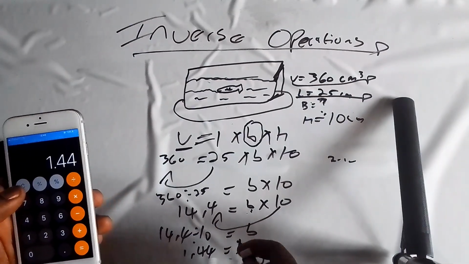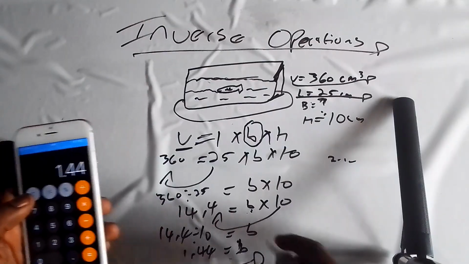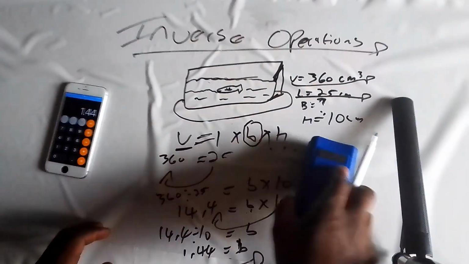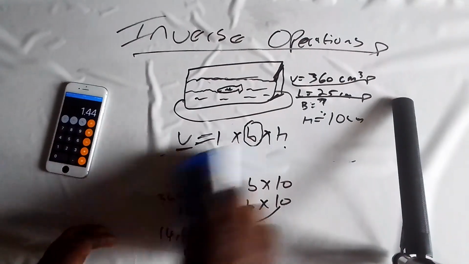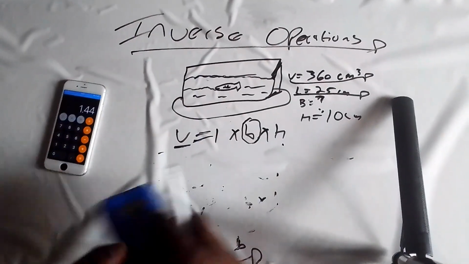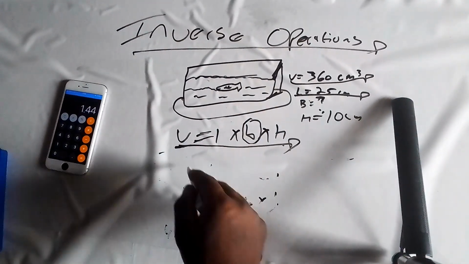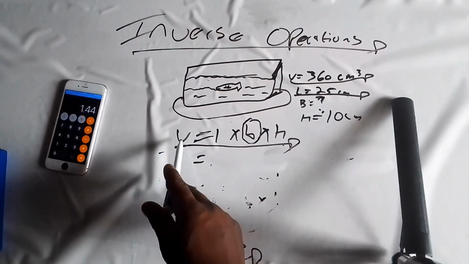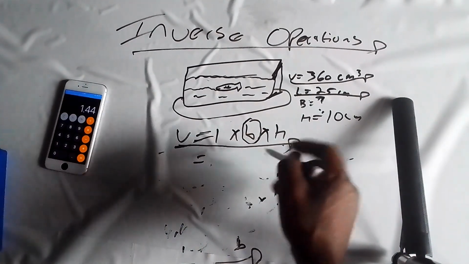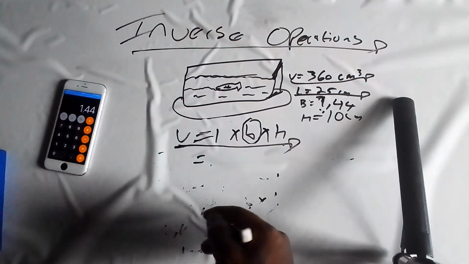So in order for us to test if this is accurate, let me just wipe. Let us see if this is accurate. The normal order of business, I don't know if I should put it like that. If we want the volume, we multiply these variables. So now we calculated and it gave us 1.44.